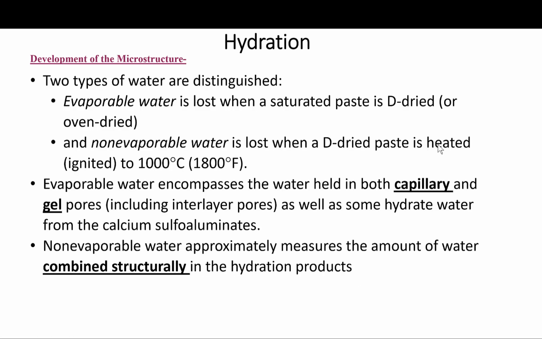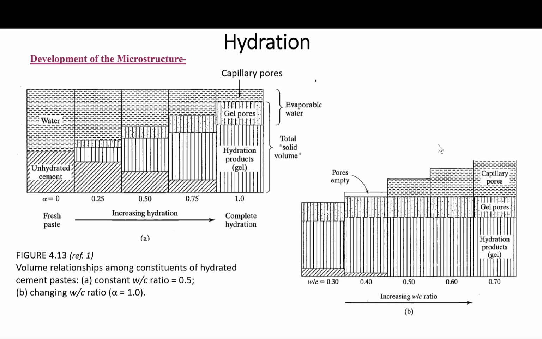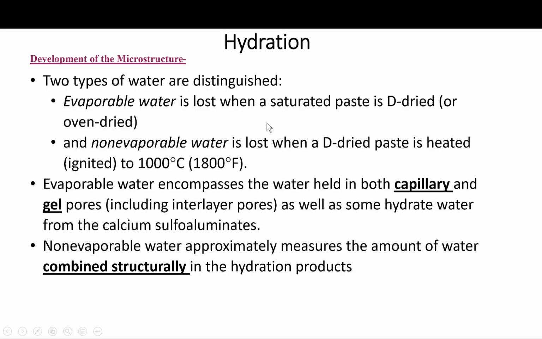So from the schematic figure above, two types of water are distinguished. The evaporable water, look at it right here, which is in the gel pores and the capillary pores. The evaporable water is lost when the saturated paste is dried or oven dried.